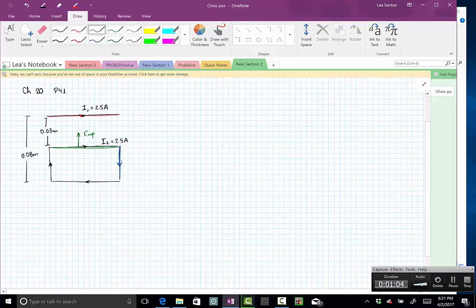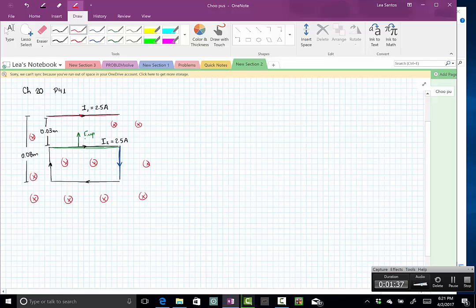The magnetic field caused by the current I1 on that isolated wire, in all this region where the rectangle is, points into the page. This is why the green force here was up.